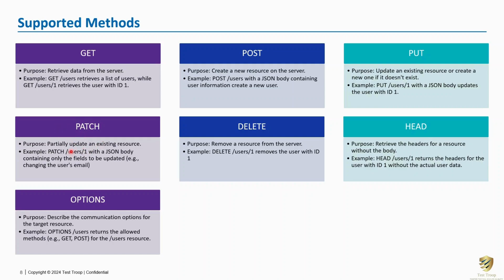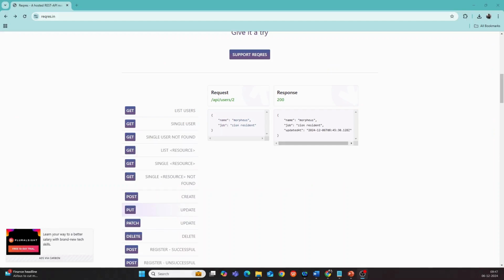In the previous example, where we were using the put method just to change the job description, if you use patch instead of put to update the job description, from the resource body you can omit the name.